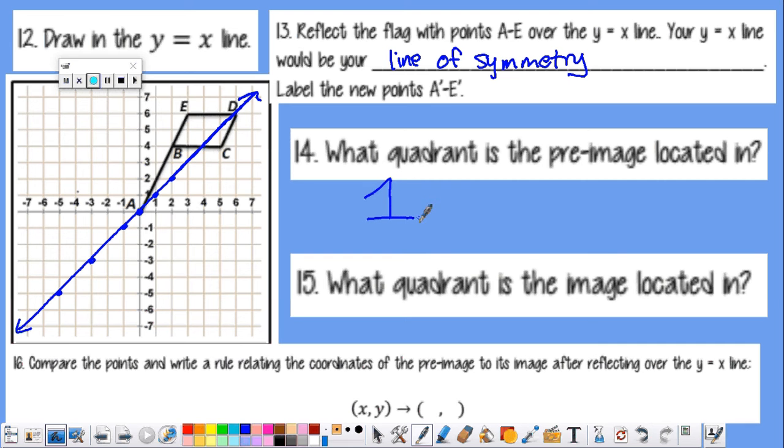We're going to take our point B. How far is B away from the line? It's 1 away from the line here, and 2 away from the line there. So what we're actually going to do is flip the x and y coordinates. Right now we have it at 2, 4, and now it's going to be at 4, 2.